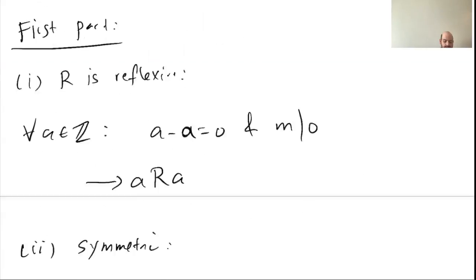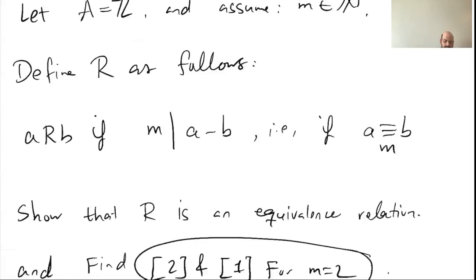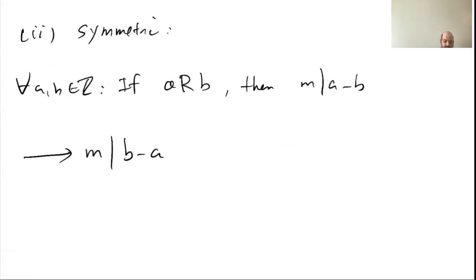Right? A R B means, according to the definition, M divides A minus B. But M divides A minus B implies M divides B minus A as well.